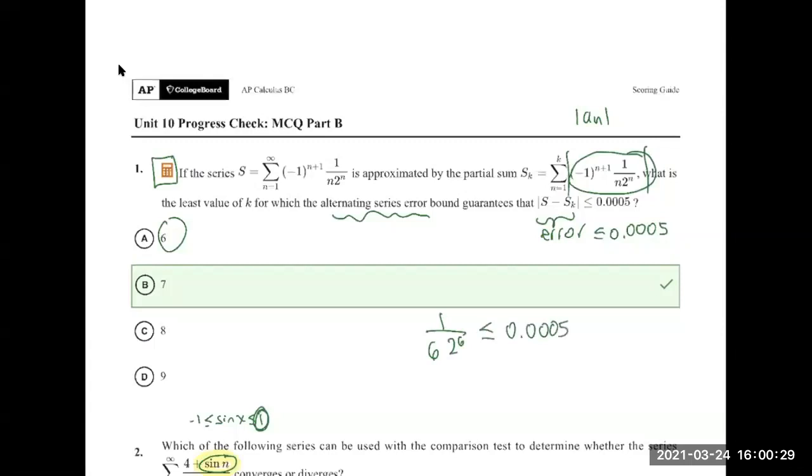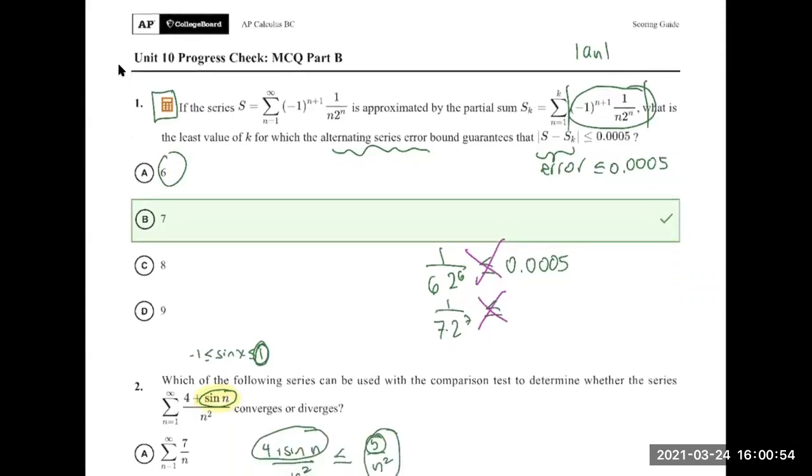It's not going to be less than or equal to that. So guess what? You move to the next one. You move to 7 and try it again. It's not going to be less than or equal to when you get to 7 either, so I'll just put not less than or equal to. So this is not going to work.